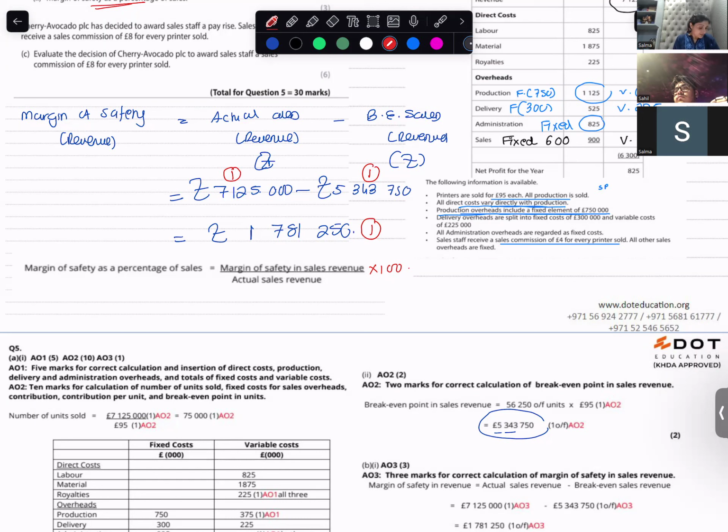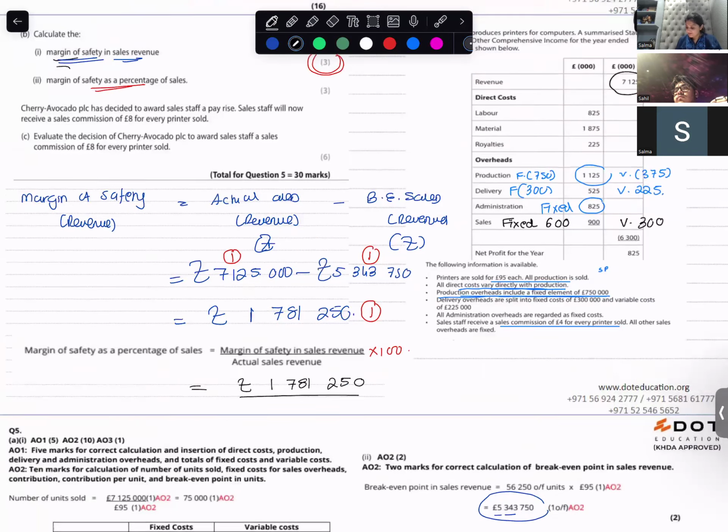So margin of safety in sales revenue is how much? We just found out, right? 1 million 781 thousand 250. You know your actual sales revenue, that is 7,125,000, into 100.